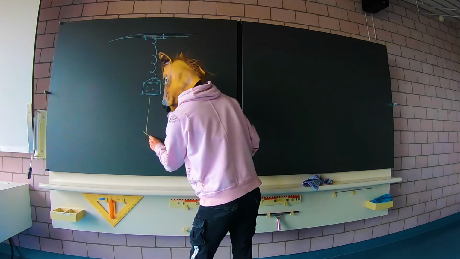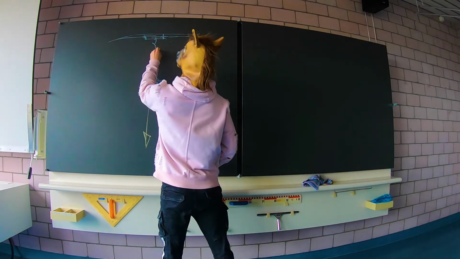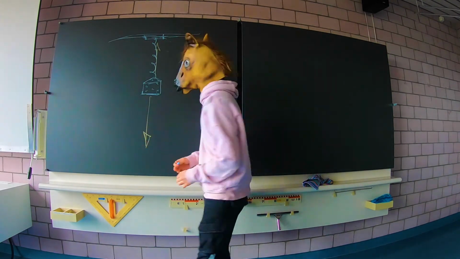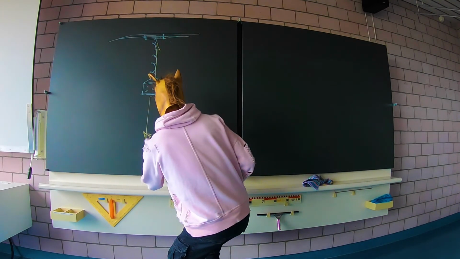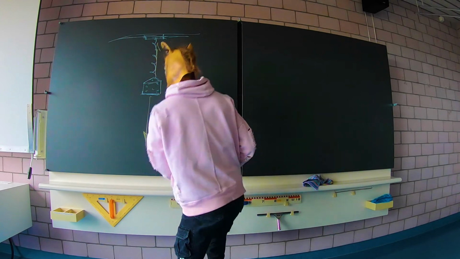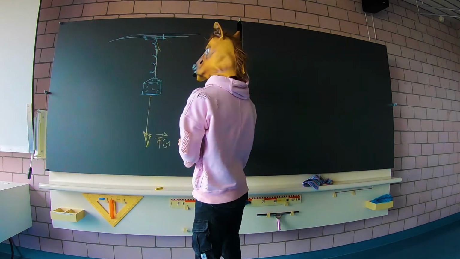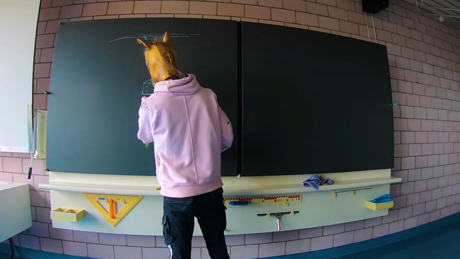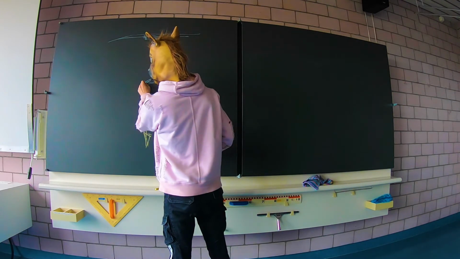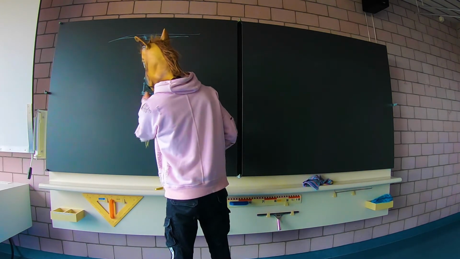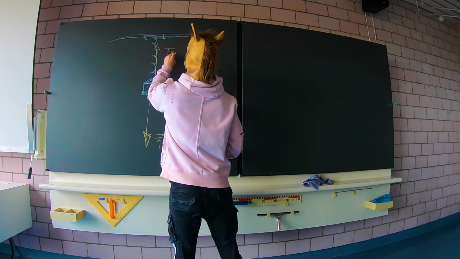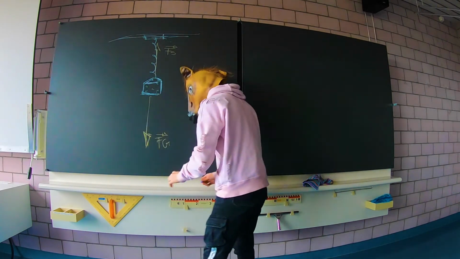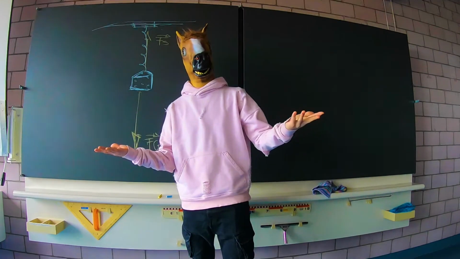An object that compresses or stretches a spring is always acted upon by a force that restores the object to its rest or equilibrium position. For most springs, the magnitude of the force is directly proportional to the amount of stretch or compression of the spring. This is shown by Fs equals Kx, where K is the spring constant and x is the distance. This is called Hooke's law.